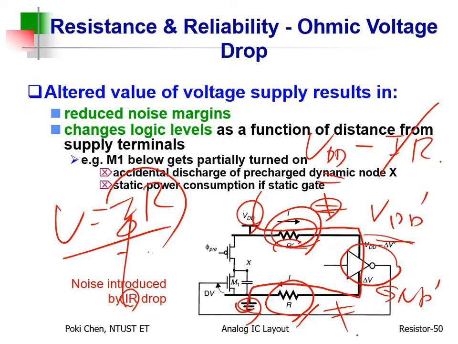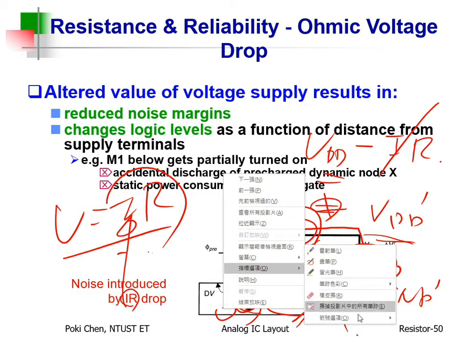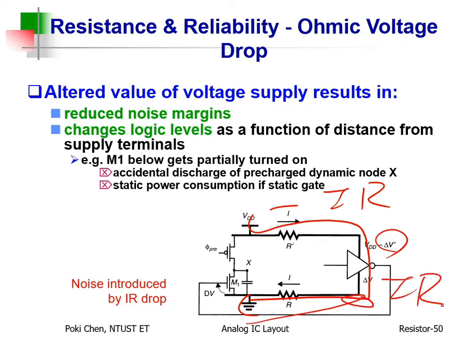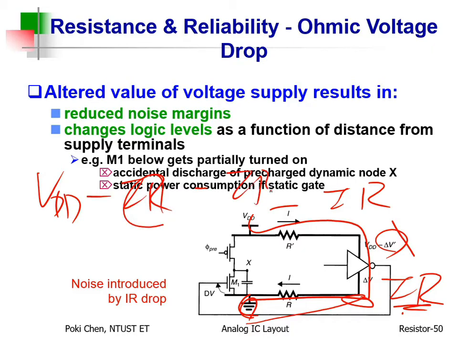Because you have 0 here, and according to the current flow, you have minus IR to be here, but you have plus IR to be there. So from 0 to there, what is the difference? The final result is VDD minus IR and the other IR.